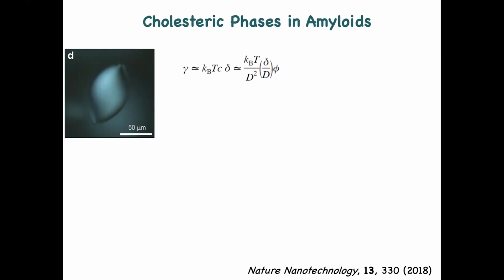This is the interfacial tension that you can calculate this way. Or you measure it, you get the same answer. We get 10 to the minus 7 Newton per meter. And just to remind you, oil in water is 10 to the minus 2. So there are 5 orders of magnitude difference.